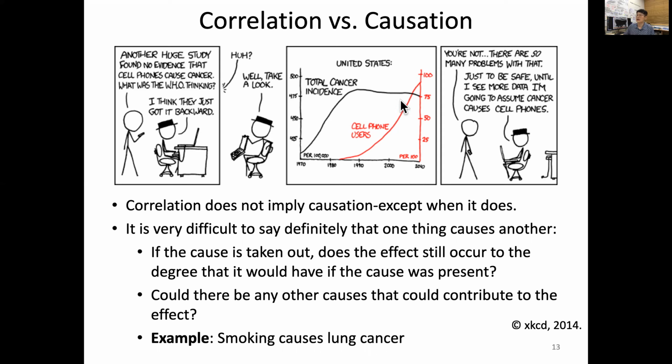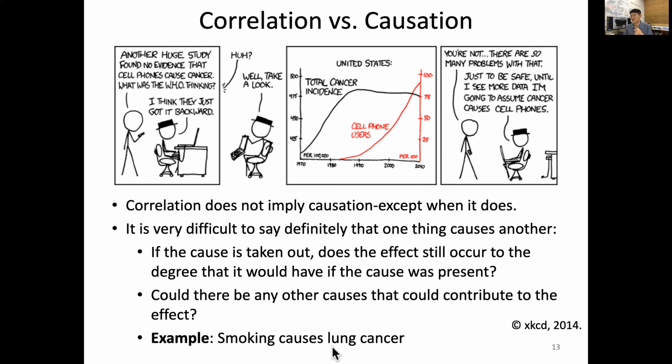So it's very difficult to definitively say one thing causes another. To do that, the cause is taken out. Does the effect still occur to the degree it would have if the cause was present? Whether the cause was present or out, we have to see the effect. And could there be any other causes that could contribute to the effect?